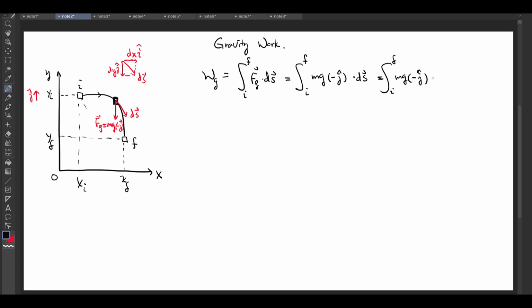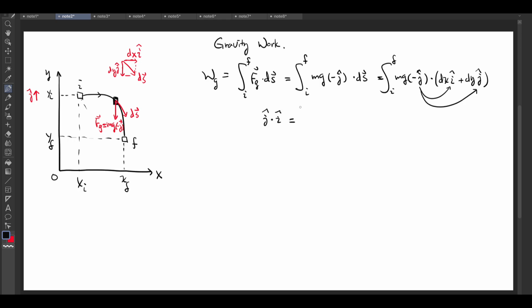So I want to replace ds by dx i hat plus dy j hat. Now when I do this dot product, I can distribute this term j hat to do a dot product with these two different terms. So we have j hat dot i hat. Let's talk about this j hat dot i hat.